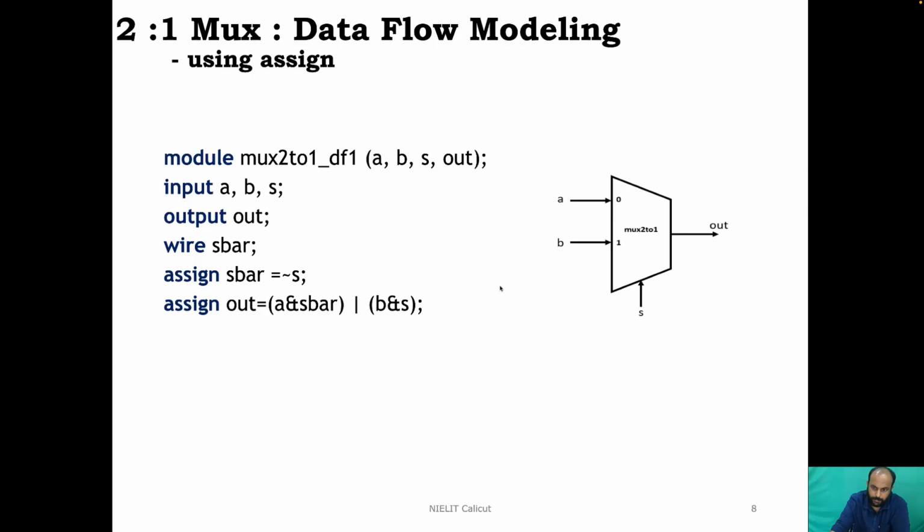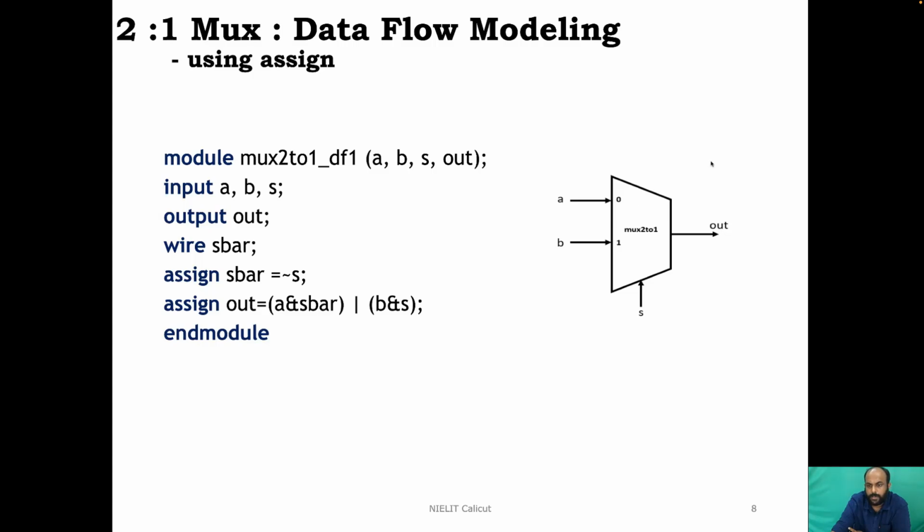So we are done with the functionality in the data flow way. We are ready to write endmodule and thereby terminate the program. So this is the data flow model, because here we are explaining how data flows between different variables or registers with the help of operators. Now this is the simple assign operator.